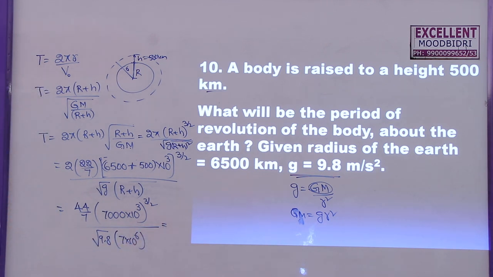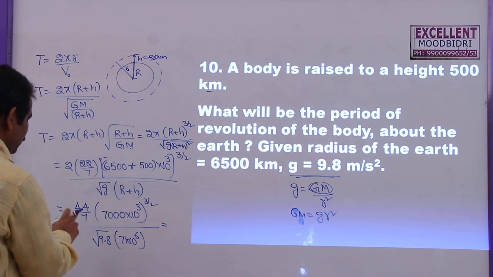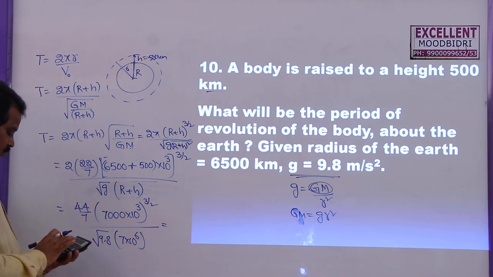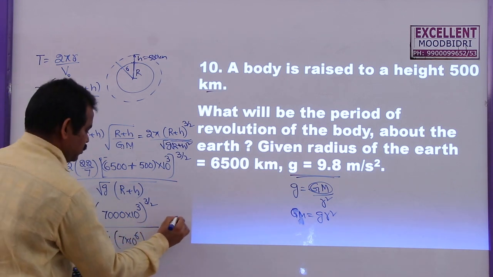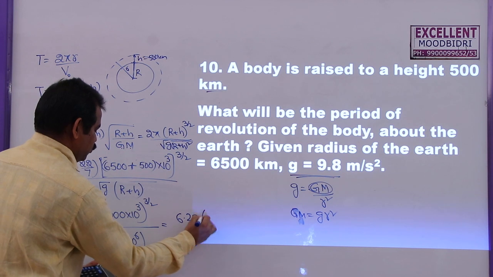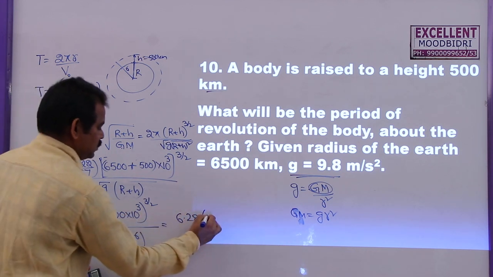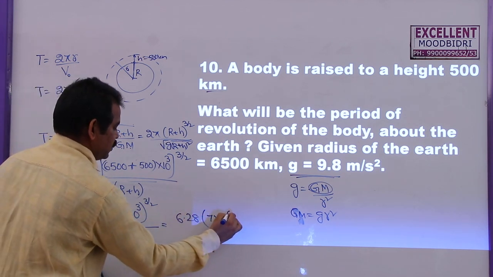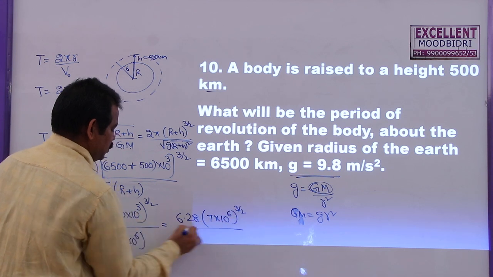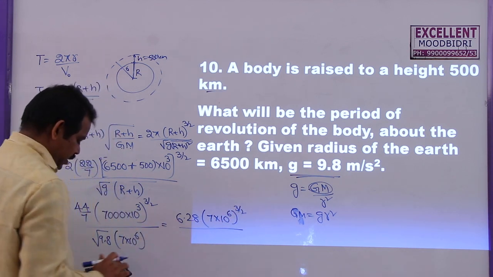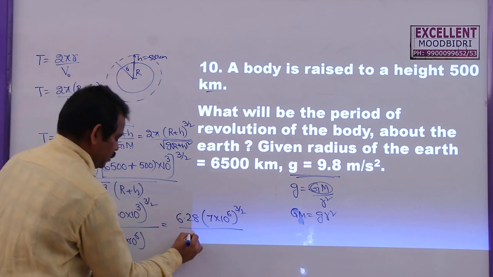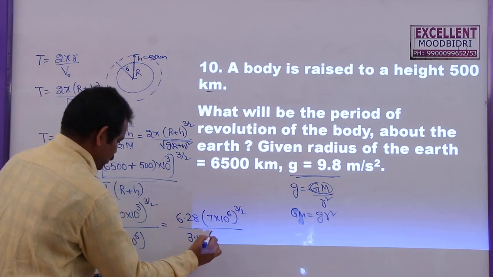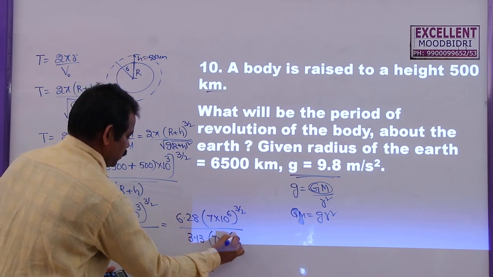Now this will become 44 by 7, which is 6.28. This is 7 into 10 power 6 whole power 3 by 2 by root 9.8, which is 3.13, into 7 into 10 power 6.